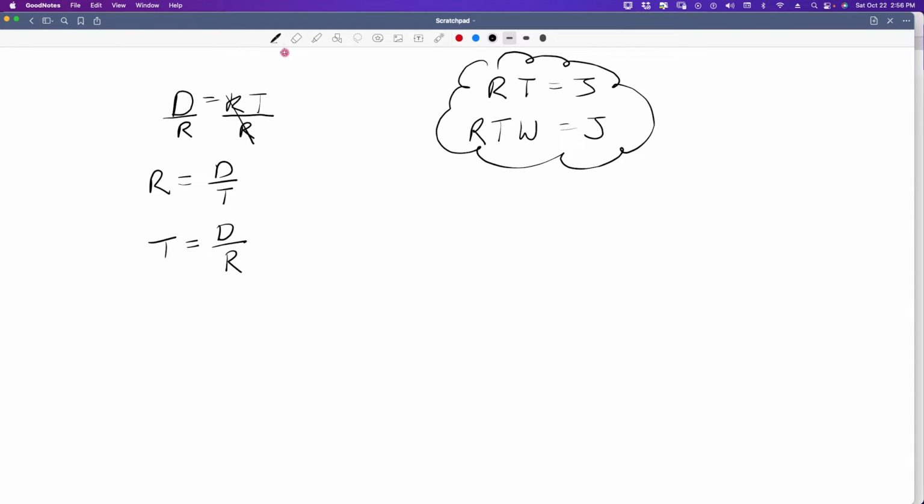So you can see we can solve for distance by multiplying the rate times the time, or we can solve for rate by dividing distance by time, or we can solve for time by dividing distance by the rate. We can extrapolate those formulas from this original formula pretty easily.